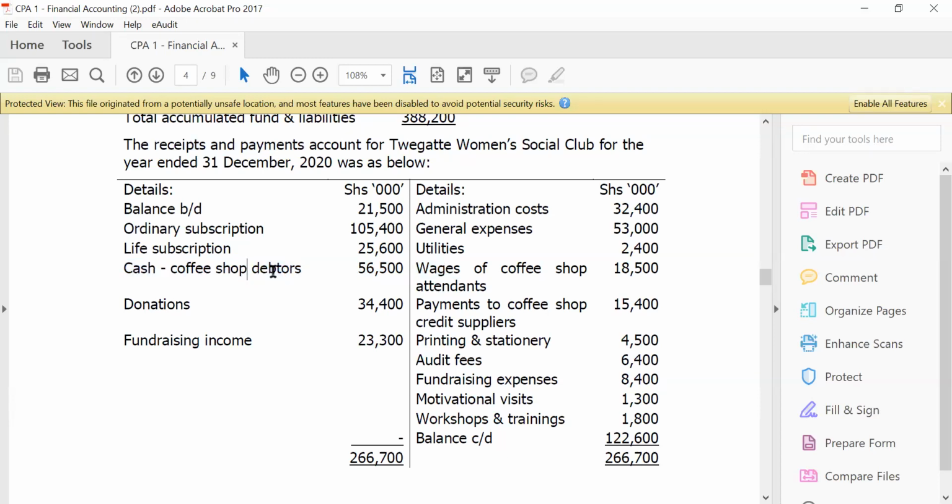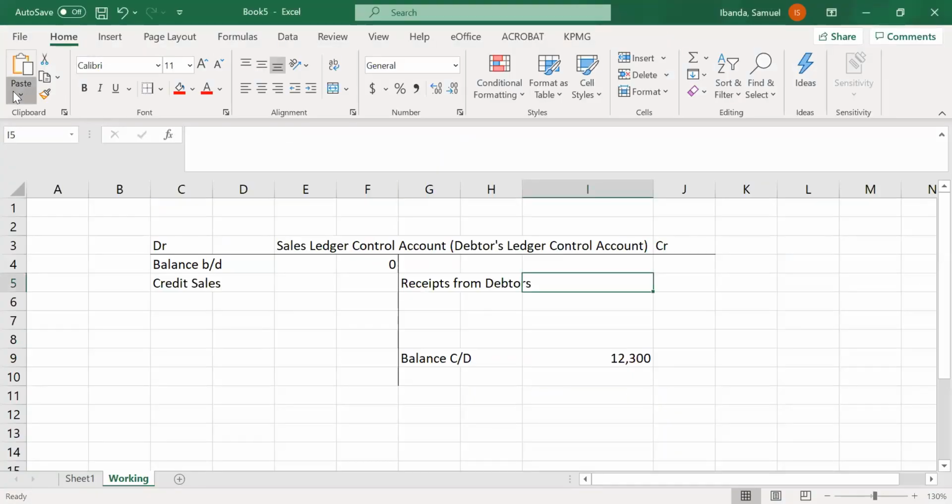So this is the receipt from your receivables or from your debtors, which is 56,500. So I'll come and record it here, 56,500. Once I have this 56,500, I'll ask myself, do I have any other item that affects my sales or my debtors?